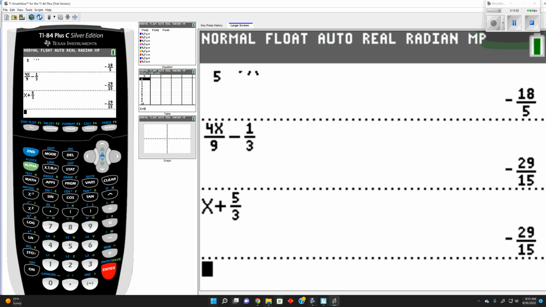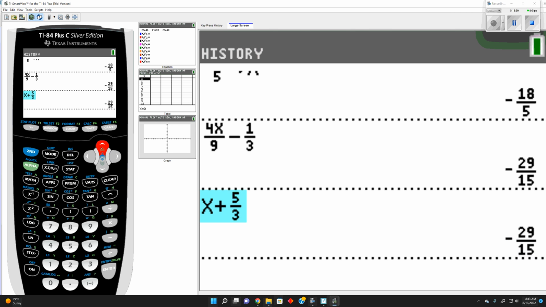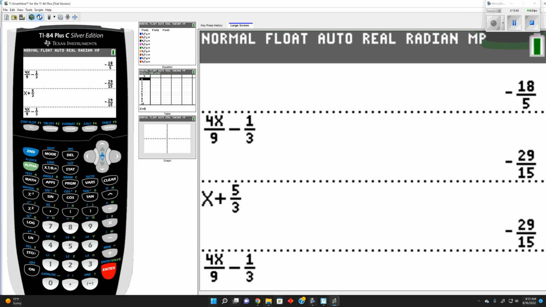Does that make sense? Now, we could have done a little bit of a shortcut to this, because you could type this in, and then I could say minus parentheses x plus 5/3.